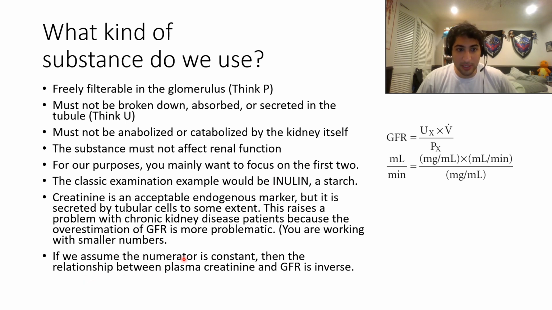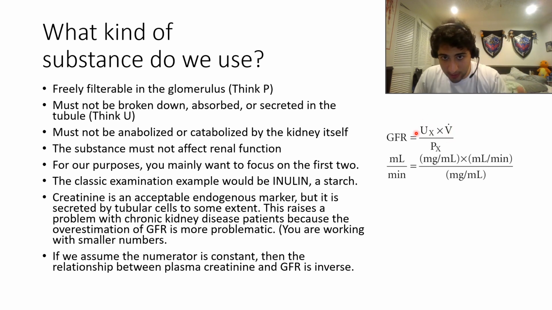So if you assume that the numerator is constant here, right? If you keep this constant, you assume that the change in the urine, like let's say you have creatinine, right? Creatinine, we're going to make the assumption, outside of the context of severe end-stage renal disease, that creatinine is a substance that stays at a steady concentration in the urine, and that the rate of urine flow is staying steady.